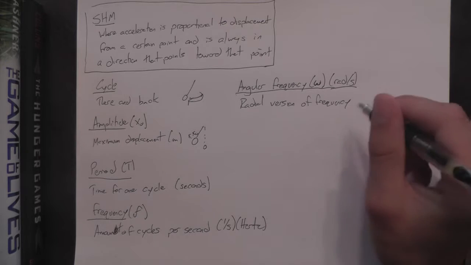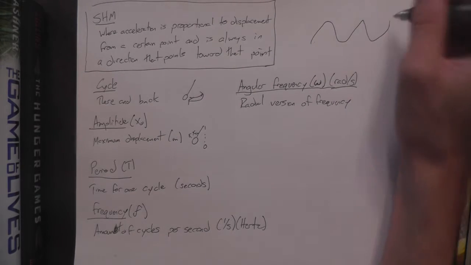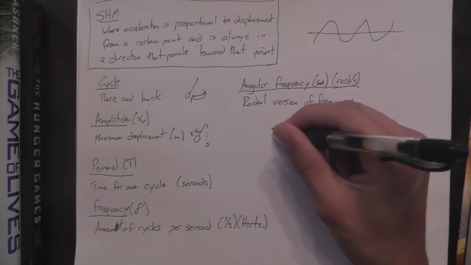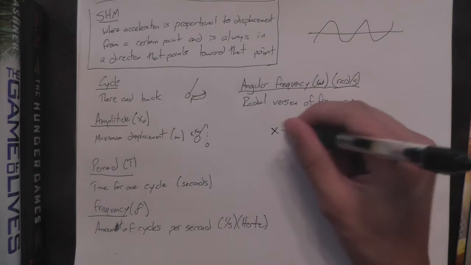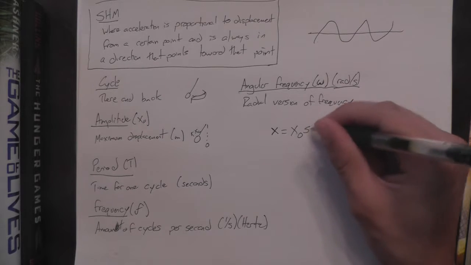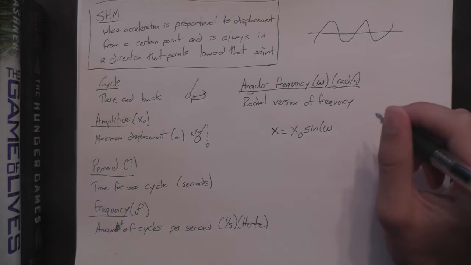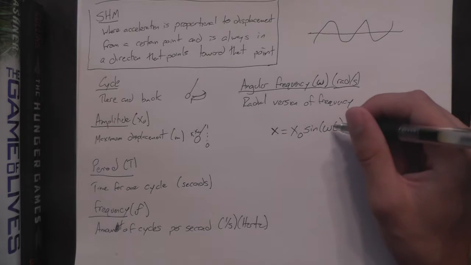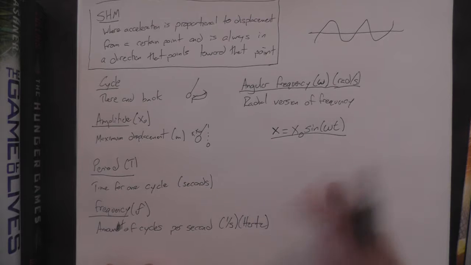And using these values, the equation for that graph we discussed earlier, the sinusoidal graph, is your displacement at any given time is equal to the maximum displacement or amplitude multiplied by the sine of your angular frequency multiplied by time. And that's, in essence, simple harmonic motion in graphical form.